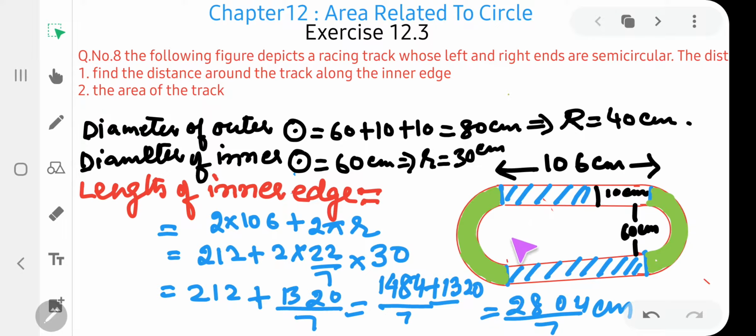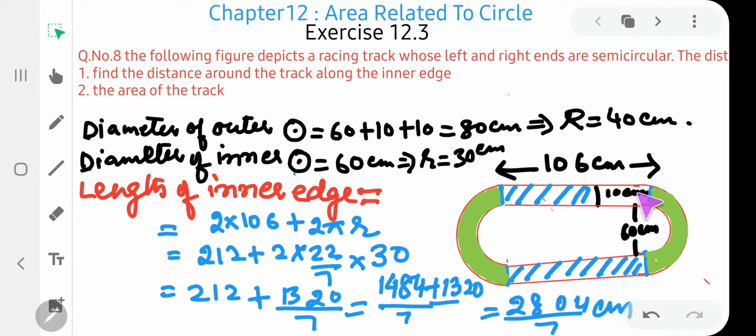So children, let us see here. We are given that the distance between the two inner parallel lines is 60 centimeter and the width of this track is 10 centimeter. So we have 10 centimeter on this side and 10 centimeter on this side.